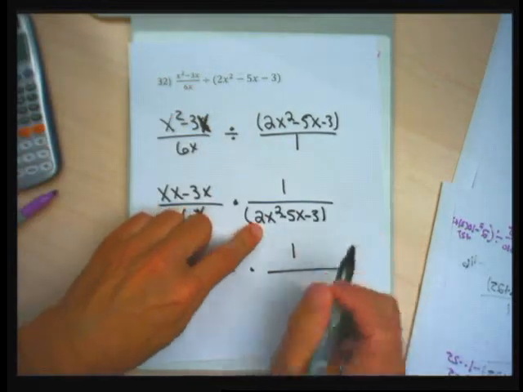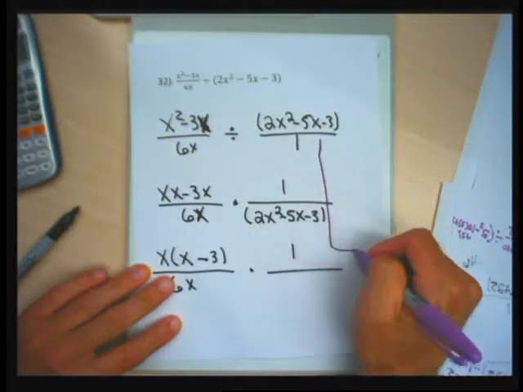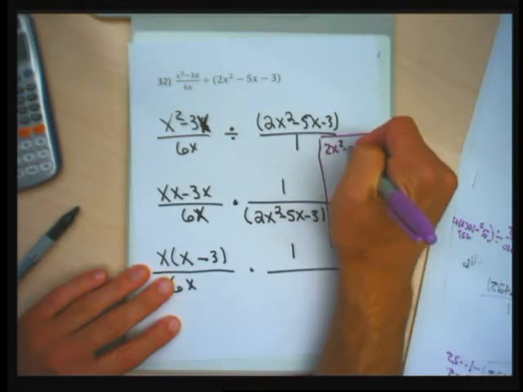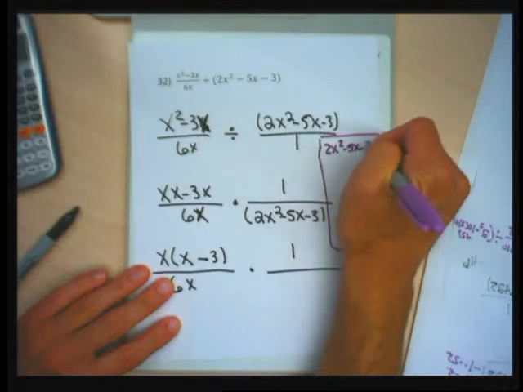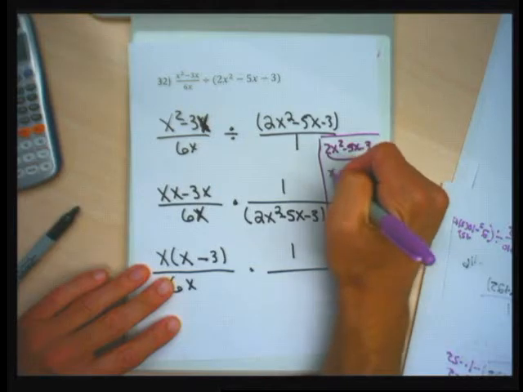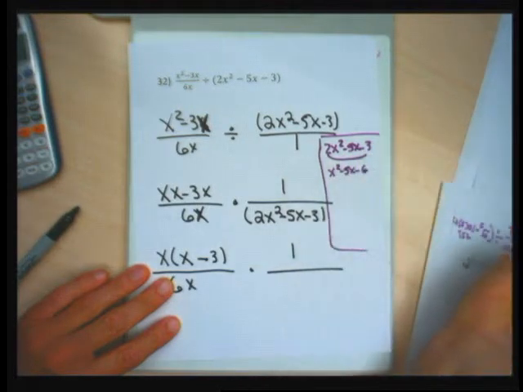Here's the hard part. I need bottoms up factoring for this. I'm going to just try to squeeze this factoring in right here. So to factor 2x squared minus 5x minus 3, I multiply, get x squared minus 5x minus 6.